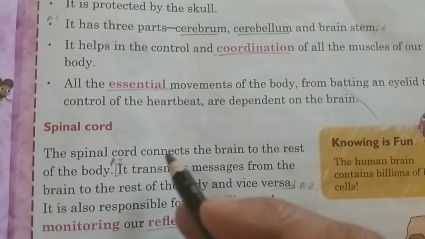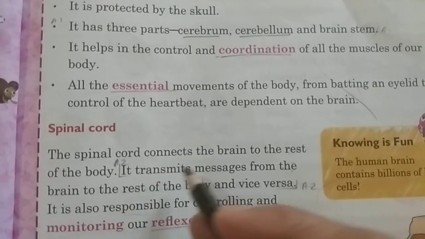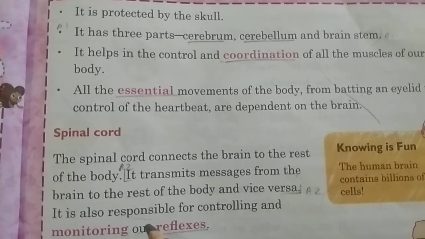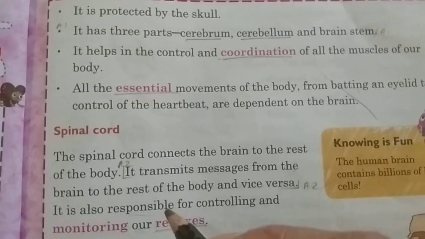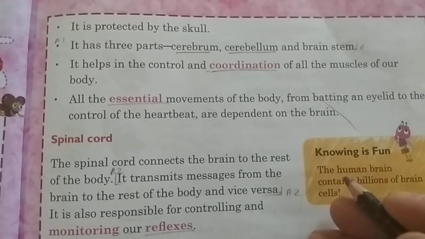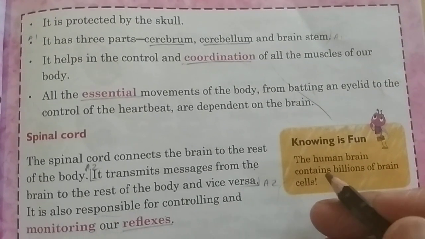The spinal cord connects the brain to the rest of the body. It also transmits messages from the brain to the rest of the body and vice versa. It is responsible for controlling and monitoring our reflexes. The human brain contains billions of brain cells.